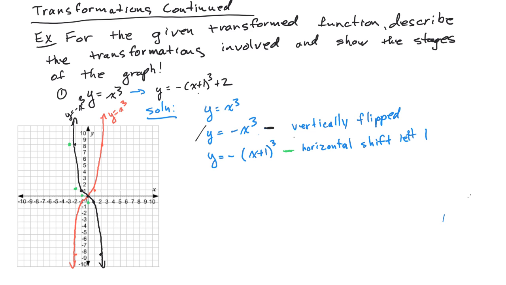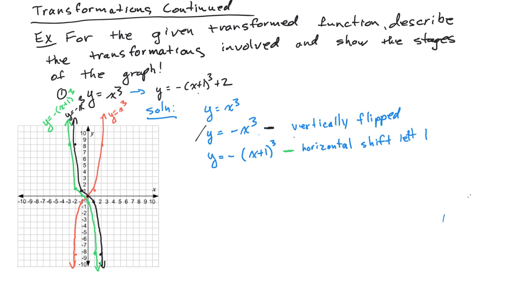Each of the individual points just get moved over exactly 1. Now we graph a nice curve that matches it. So now that's the equation y is equal to negative (x plus 1) cubed.